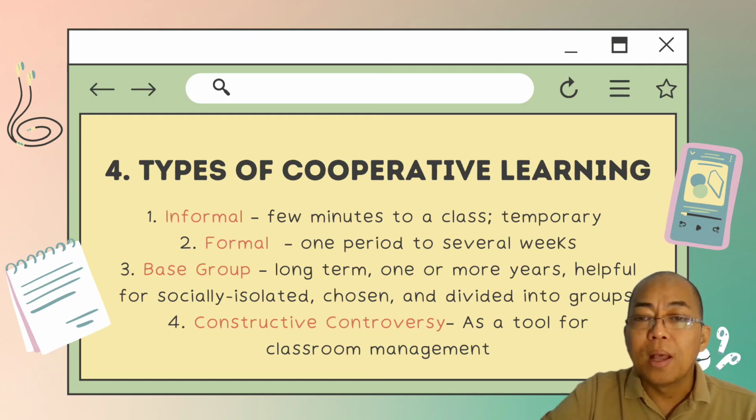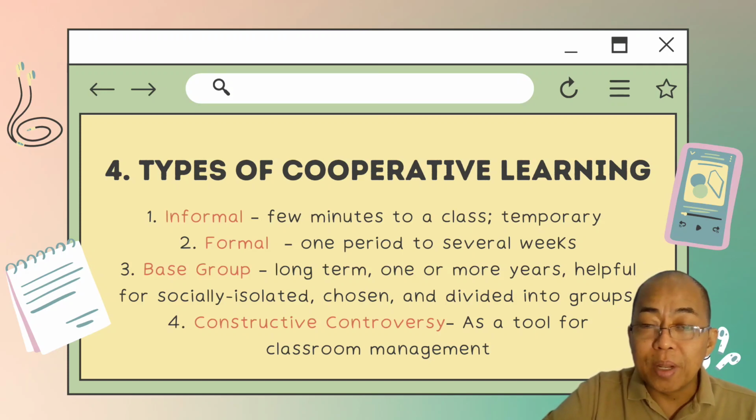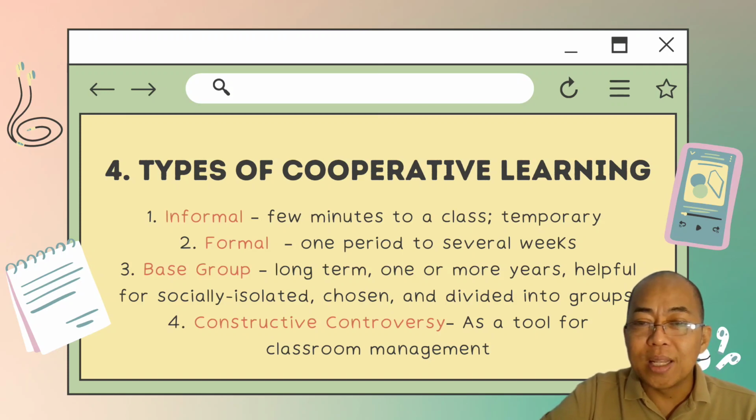And in fact, when I handled them in another subject, they would express their preference to stay in their learning group. So even beyond when we were done with our course, they still continued with their learning group. So that's the whole idea.